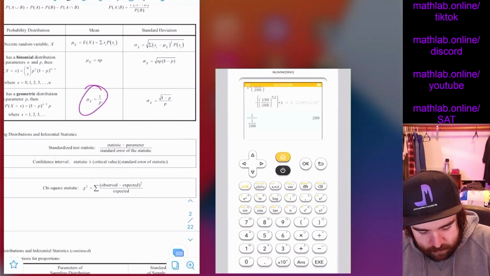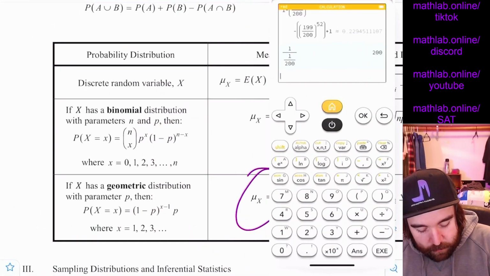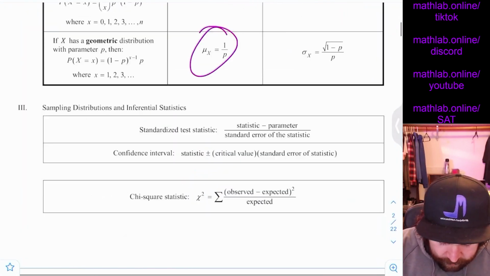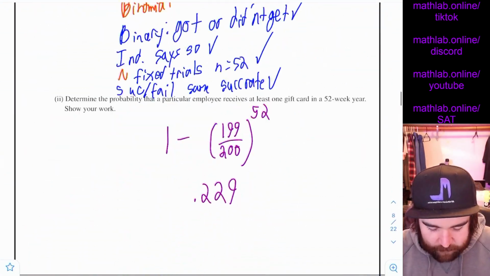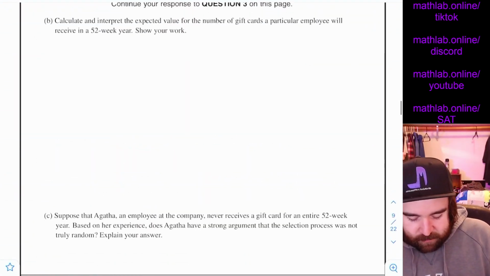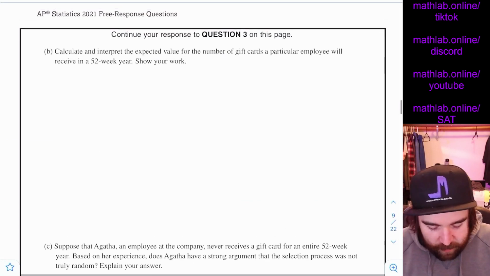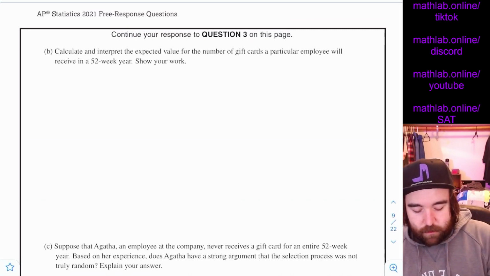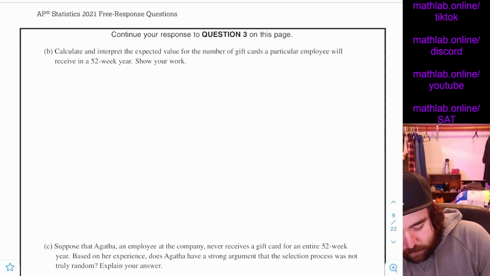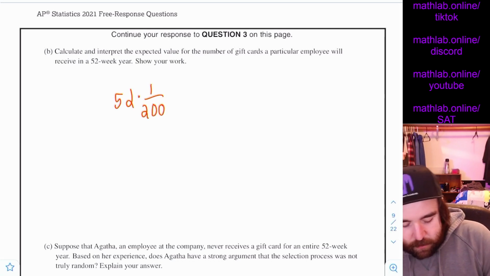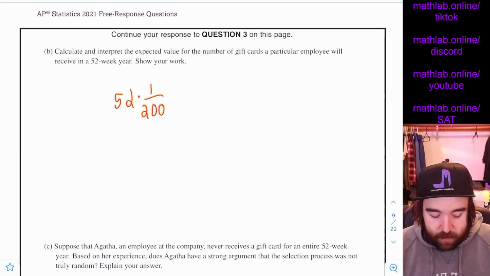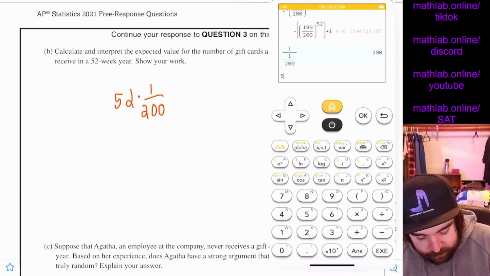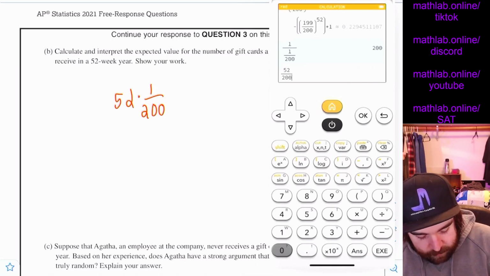Oh, right. N times the probability of success. That was wrong. Okay. This is the first time that I'm seeing these questions, though. So the expected value for gift cards a particular employee will receive in a 52-week year. We're doing n, which is 52, times the probability of winning a gift card, which is 1 over 200. So the answer is 52 divided by 200. That is 0.26.